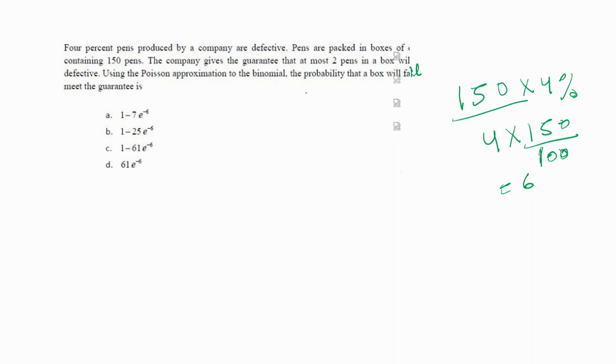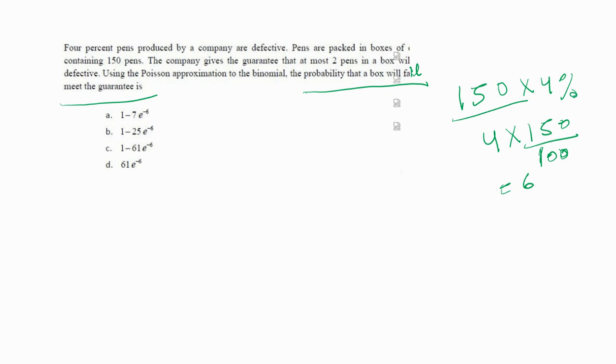So now, the probability that a box will fail to meet the guarantee. What is the guarantee? It is that at most 2 pens in a box will be defective. So if it fails, that means the box has greater than 2 pens which are defective.